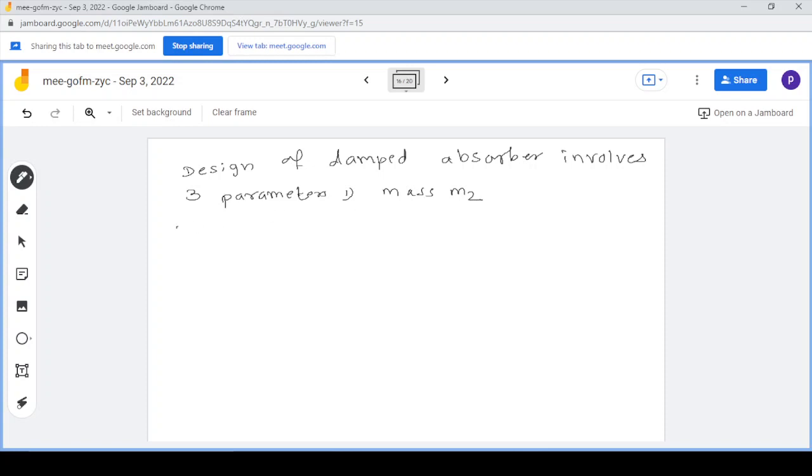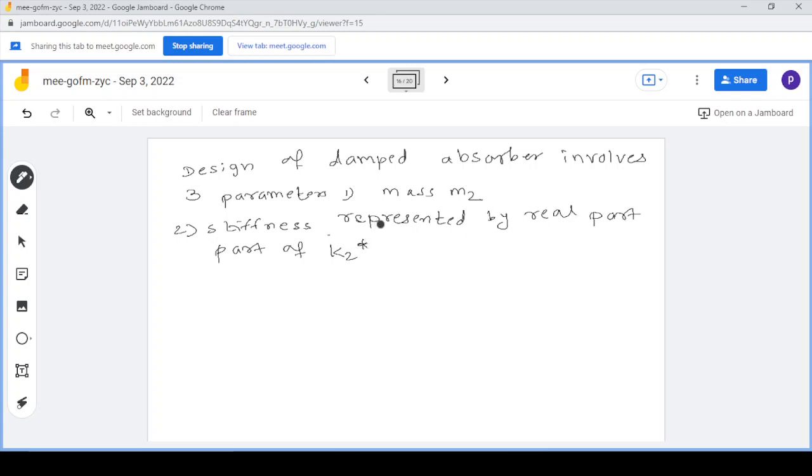Second, stiffness represented by the real part of K2 star. Now why have we mentioned the stiffness represented by the real part of K2 star?